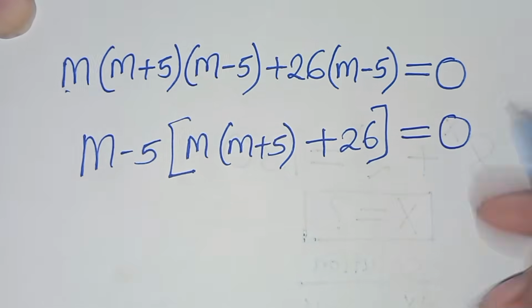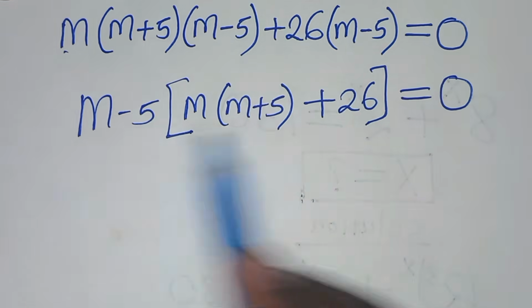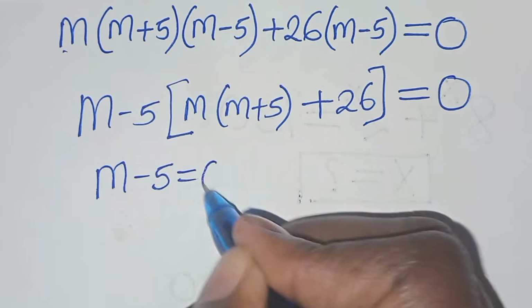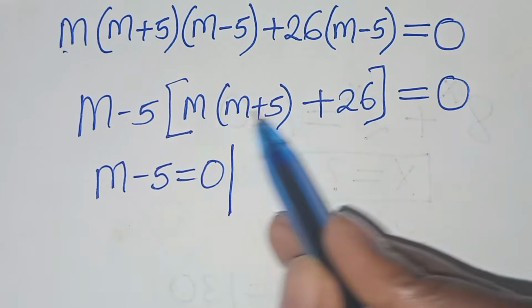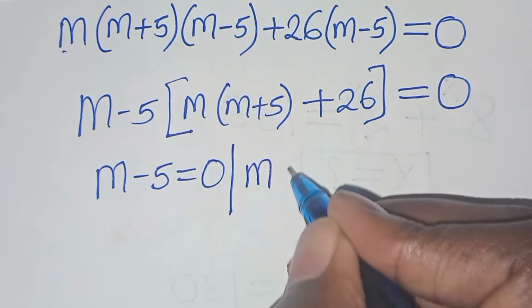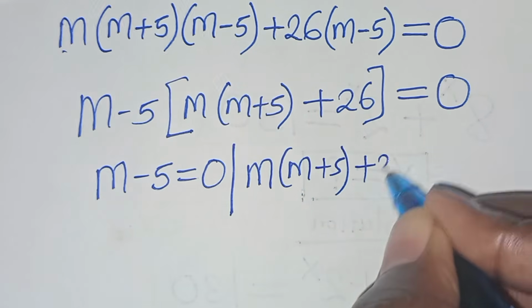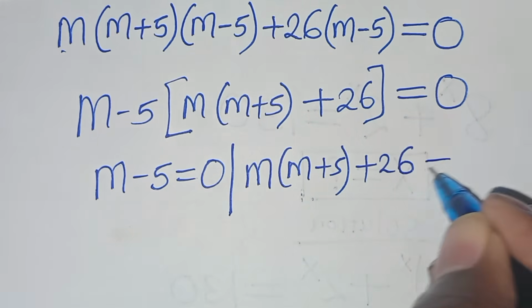So here we have two parts. The first part is m minus 5, this is equal to 0. The second part here, we have m times m plus 5, then plus 26. This is equal to 0.